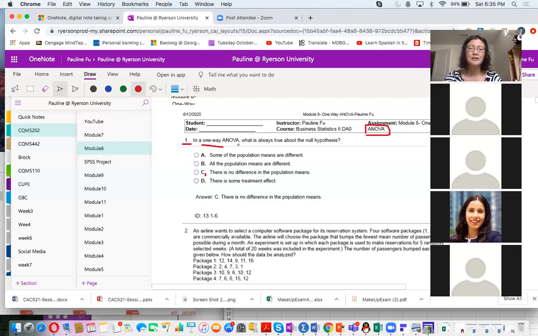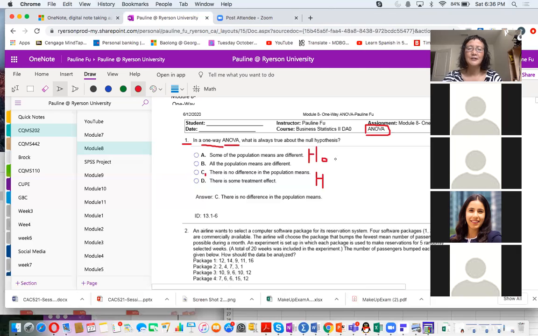So in one-way ANOVA, ANOVA stands for analysis of variance. What is true about the null hypothesis? So we want to compare 3 population means. In any hypothesis test, you need to write down H0, the null hypothesis, and you need to write down H1. Some textbooks also use HA.